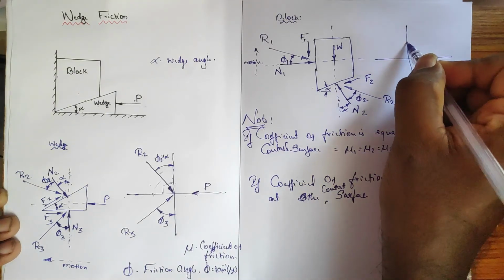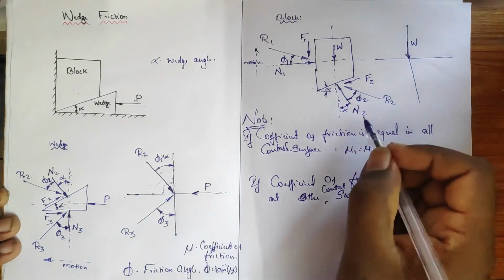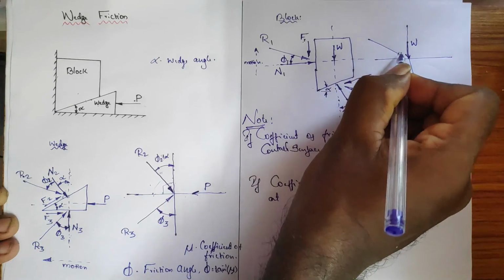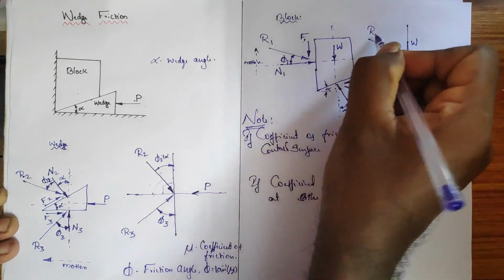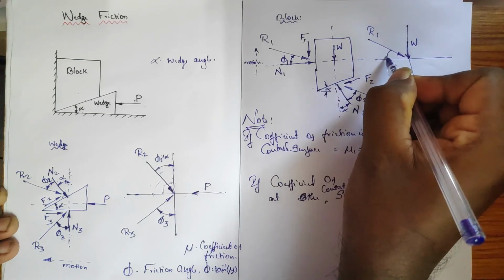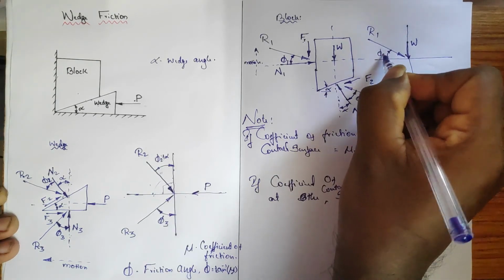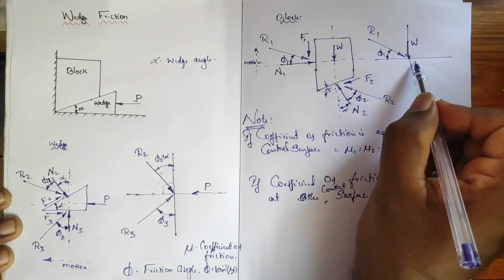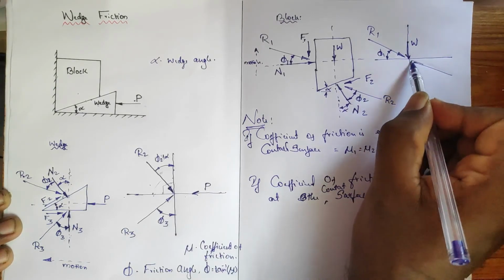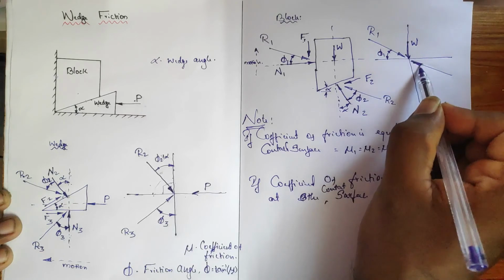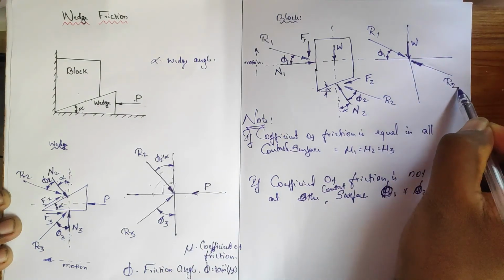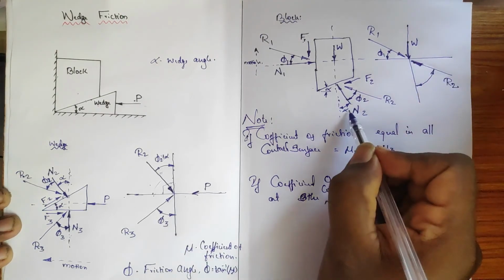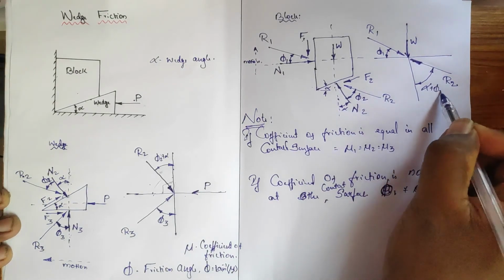The self weight will be acting, so that is W. And here in the second quadrant there is a resultant force, which is R1, and with respect to the horizontal it is noted as phi 1. Then we have the force in the fourth quadrant, moving in this direction, and this is noted as R2. With respect to the vertical, the component is alpha plus phi 2.